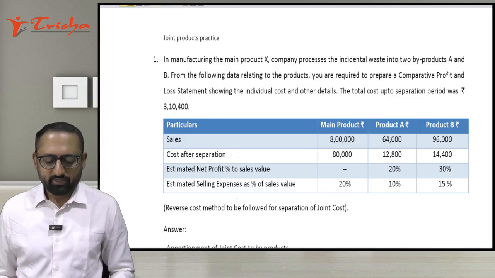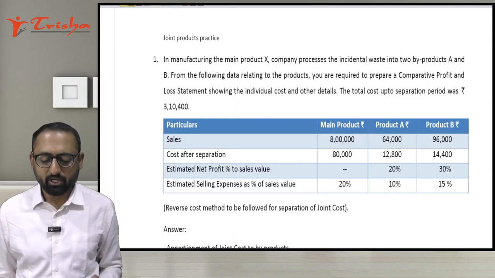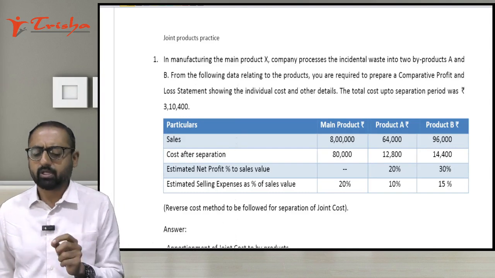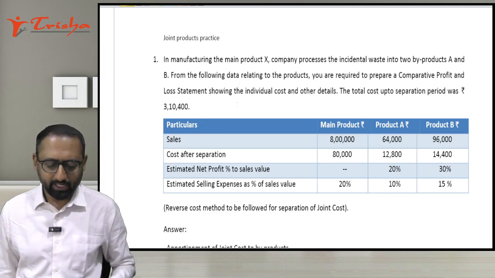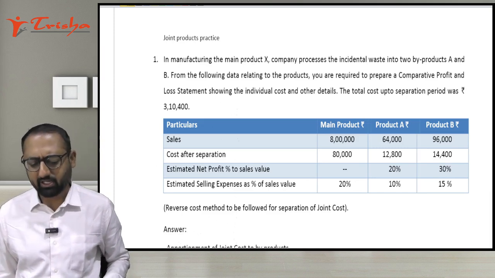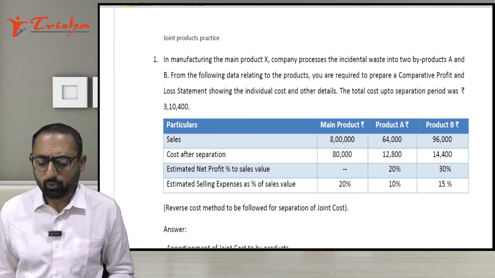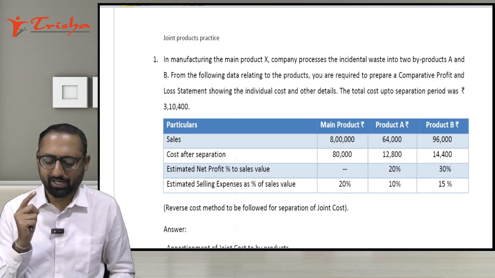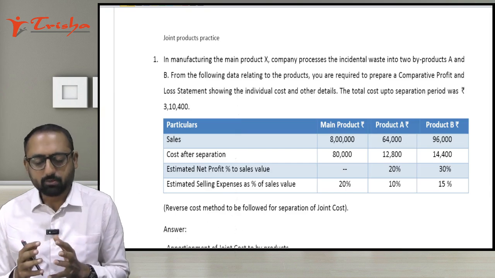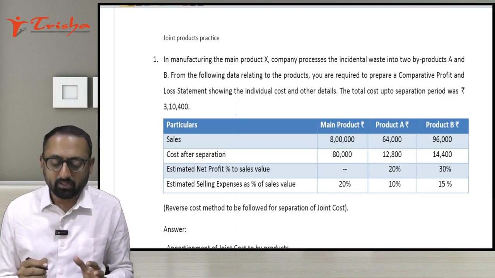So guys, start with the first question. In a manufacturing company, main product X, the company processes the incidental waste into two byproducts A and B. From the following data relating to the product, you are required to prepare a comparative profit and loss statement showing individual cost and other details. Total cost up to the separation period was 3,10,400.